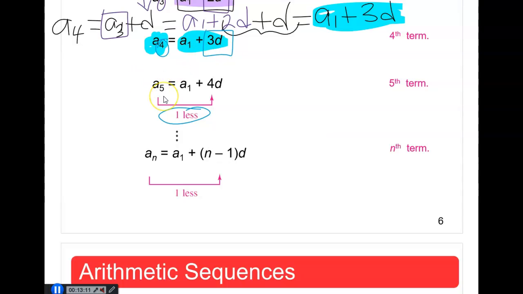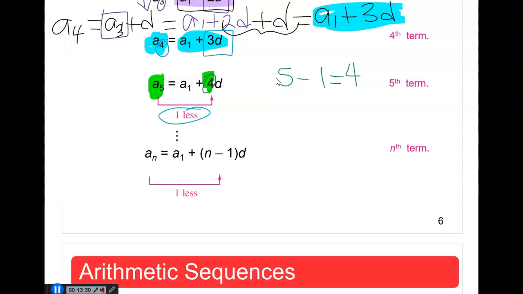So for the fifth term, we will be adding the common difference 4 times, because it will be 5 minus 1. So we add the common difference 4 times.